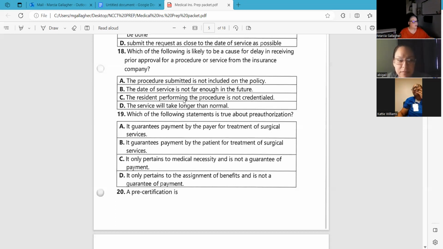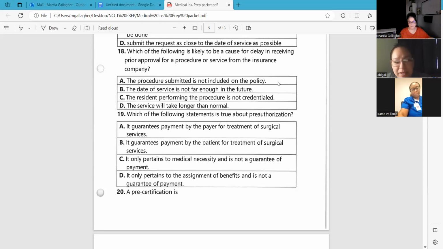C, the resident performing the procedure is not credentialed. D, the service will take longer than normal. Let's look at A. The procedure submitted is not included on the policy.